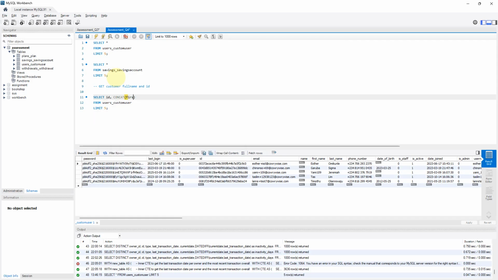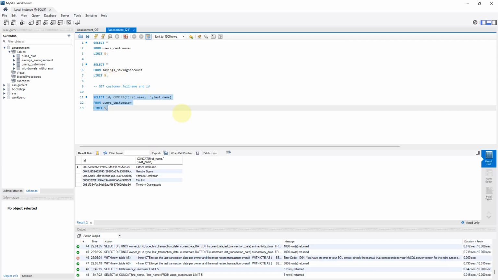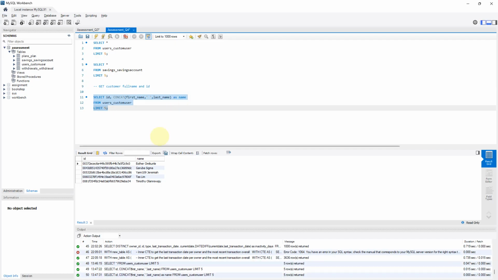So the first name, then I'll give a space between first name and last name. Now enter last name, and I can limit this to 5 just so I will see what I've done. I'll just say as name, and yeah, so I have the name of the client, although this is actually a weird name.